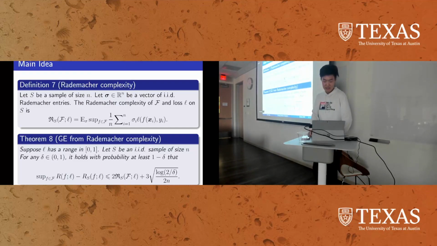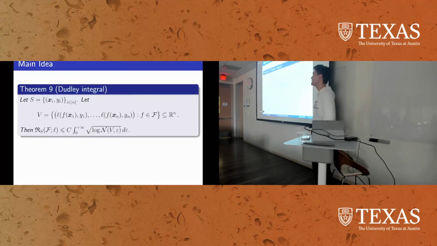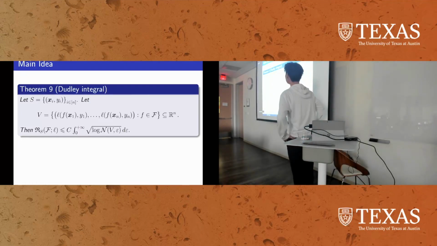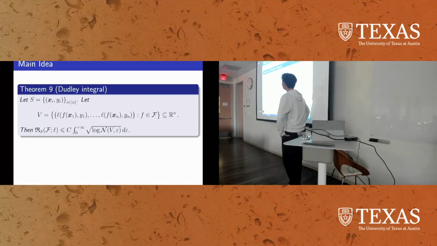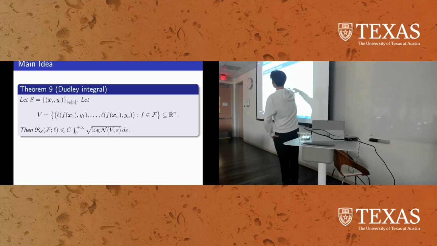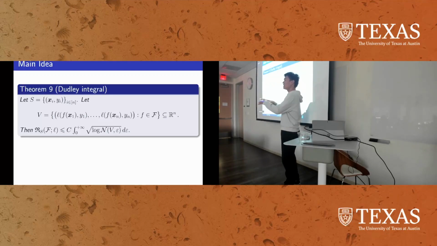As in many applications, the Rademacher complexity, or many kinds of complexity, can be controlled using the entropy integral here. In this setup, what we need to do is to look at this set V. For every classifier F in my hypothesis space, I can look at the loss if I forward my data using F. If I have n data, this gives me n scalars, a vector of dimension n.